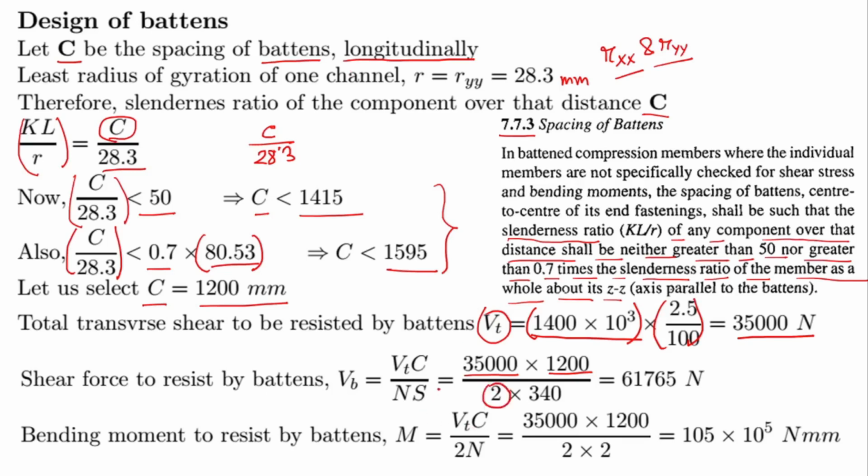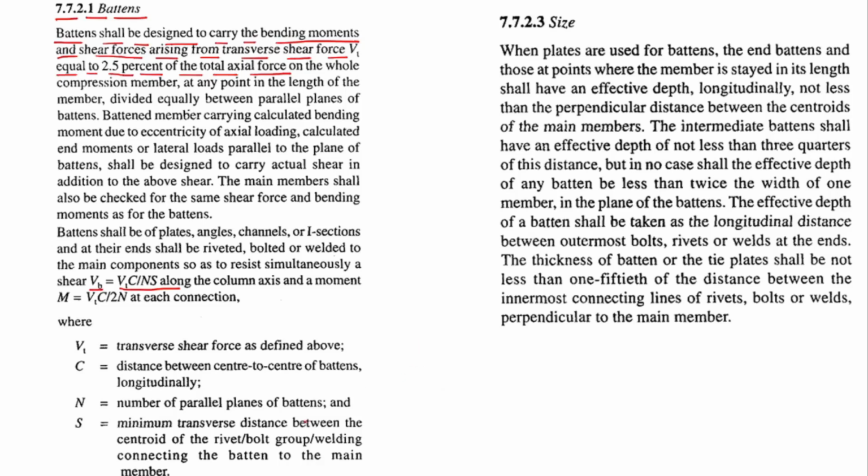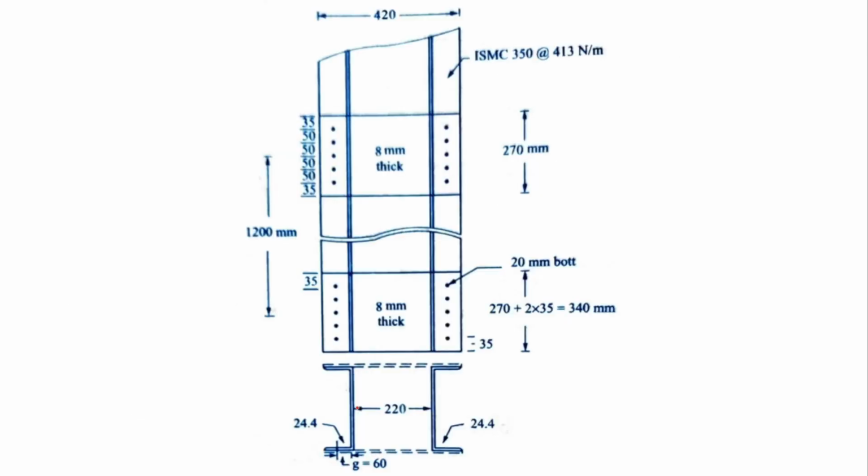Then S. S is the minimum transverse distance between centroid of rivet, bolt group or welding connecting the batten to the main members. If you see the figure, the bolts are placed at a distance 60 mm from the web of the channel. At the other side also, the bolts are placed at 60 mm from the web.